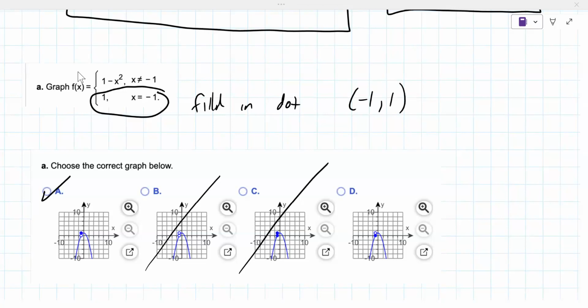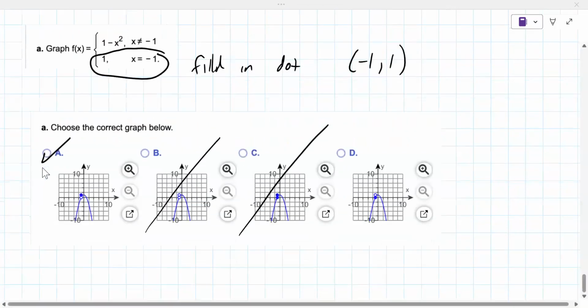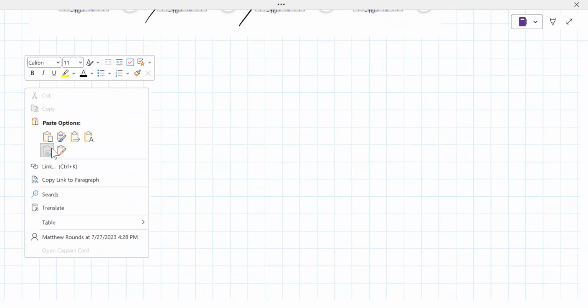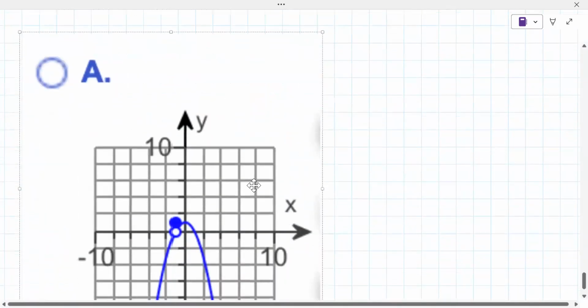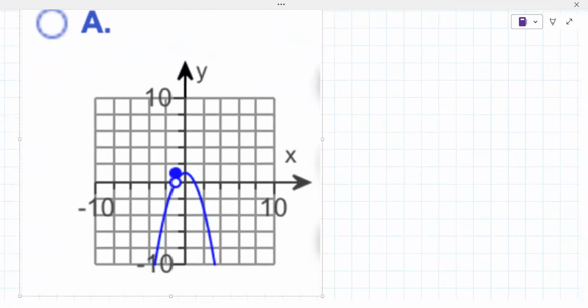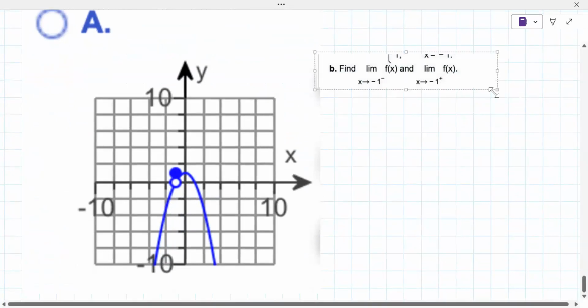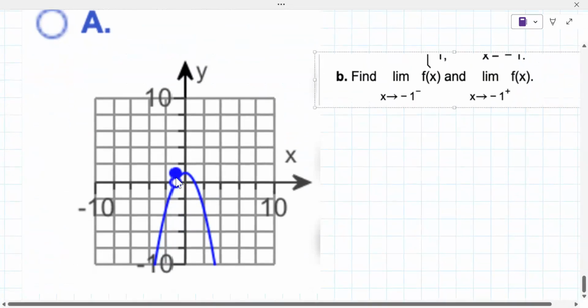Okay. Is that okay so far? Yeah. All right, so to do part B, I need to grab the correct graph, and then we can look at the questions here. Find the limit of f of x as x approaches -1. So here's -1 from the left, right?